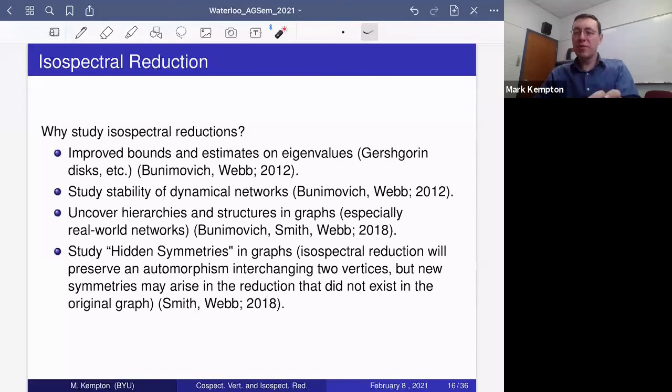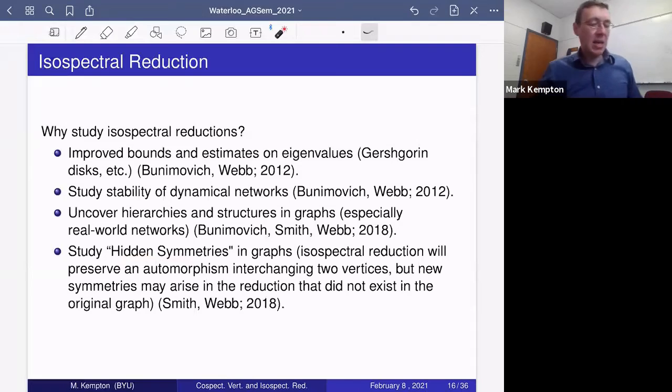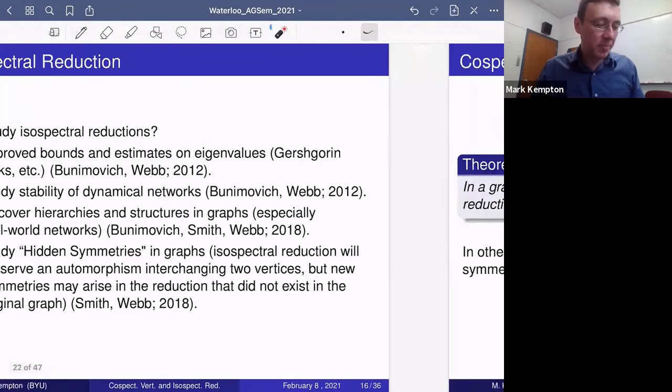And once you've done that, that smaller graph does have an automorphism. And Smith and Webb call these hidden symmetries. And there's a good number of papers that study hidden symmetries in real world networks via these isospectral reductions.